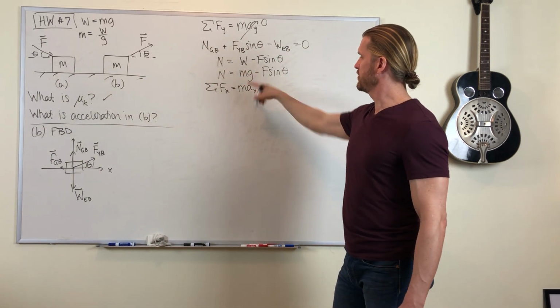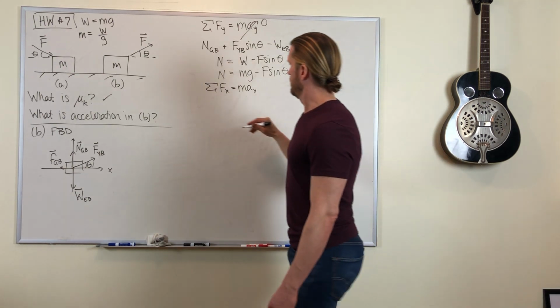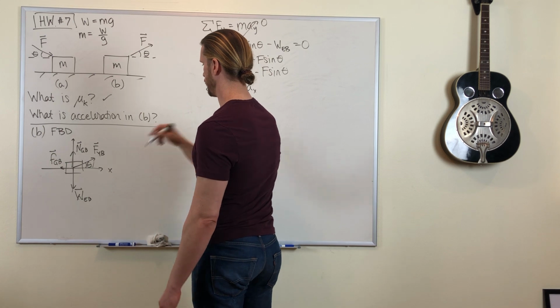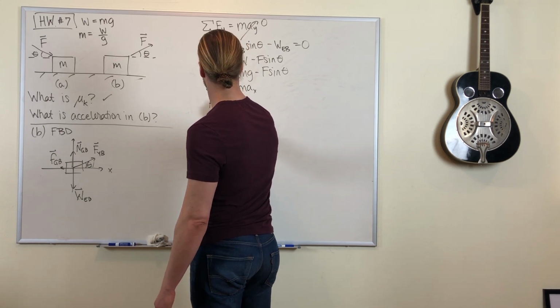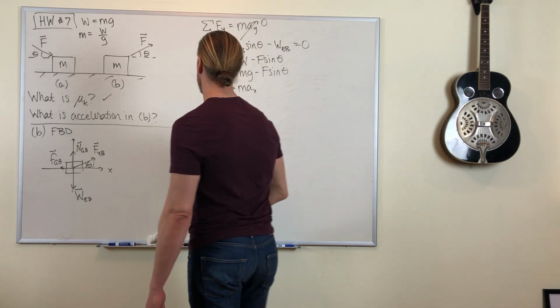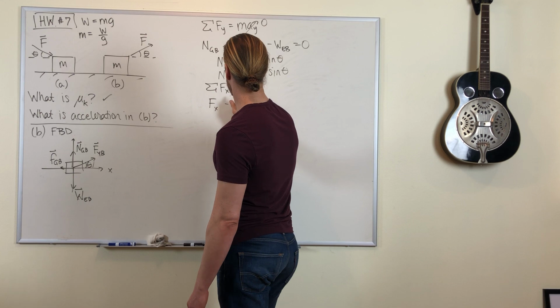Okay, x direction, we're not going to assume acceleration is 0 anymore. We'll just figure out what it's going to be. So we have two forces. We have the x component of your push, and we have friction.